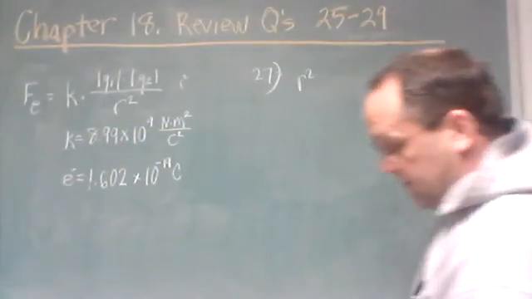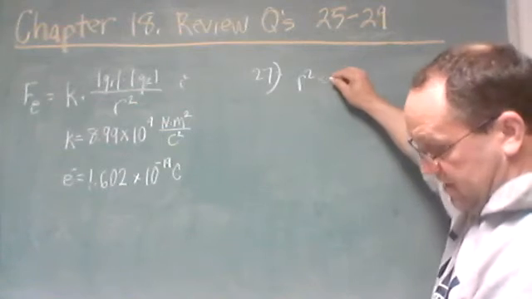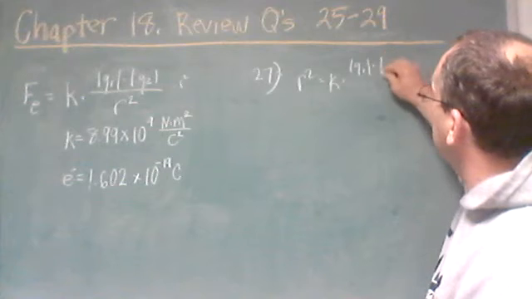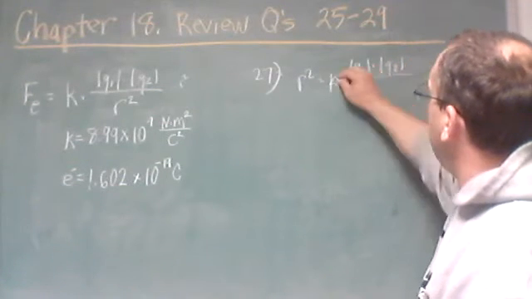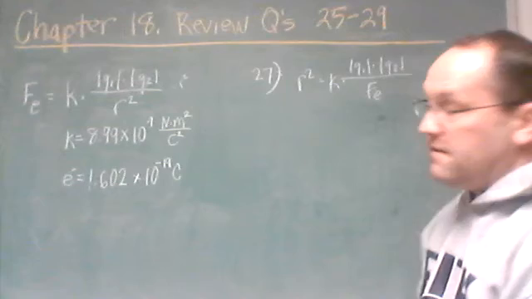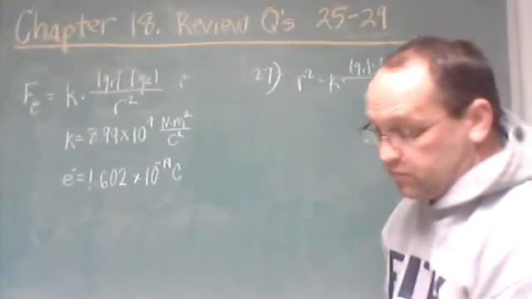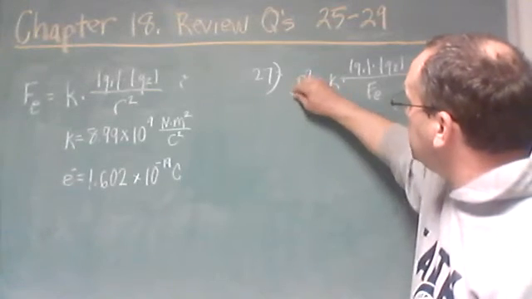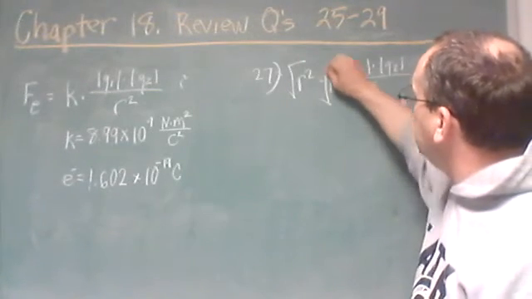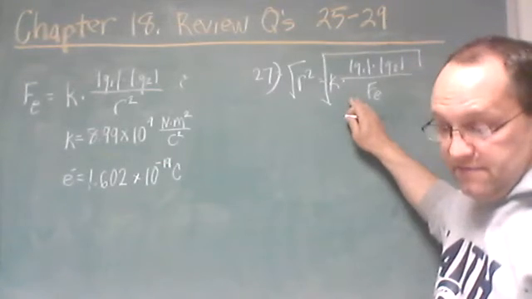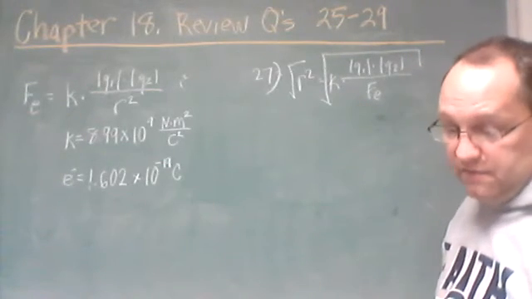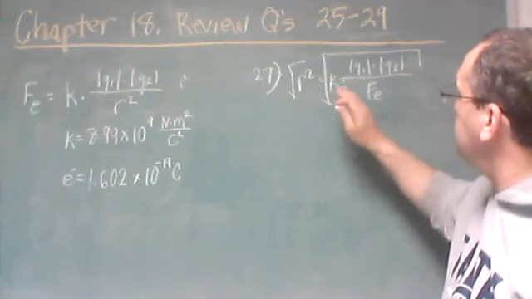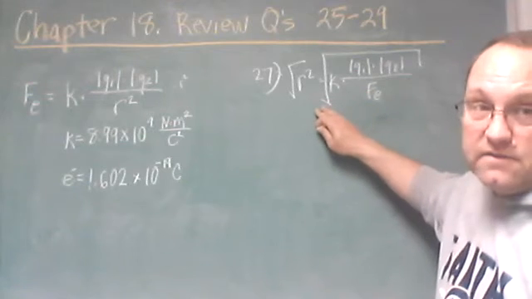We rearrange the equation into K times the two charges, and then FE goes down in the denominator. Of course, we don't want to solve for R squared, we want to solve for R, so we take the square root of this side of the formula. From that point on, it's just a matter of plugging things in and taking the square root.